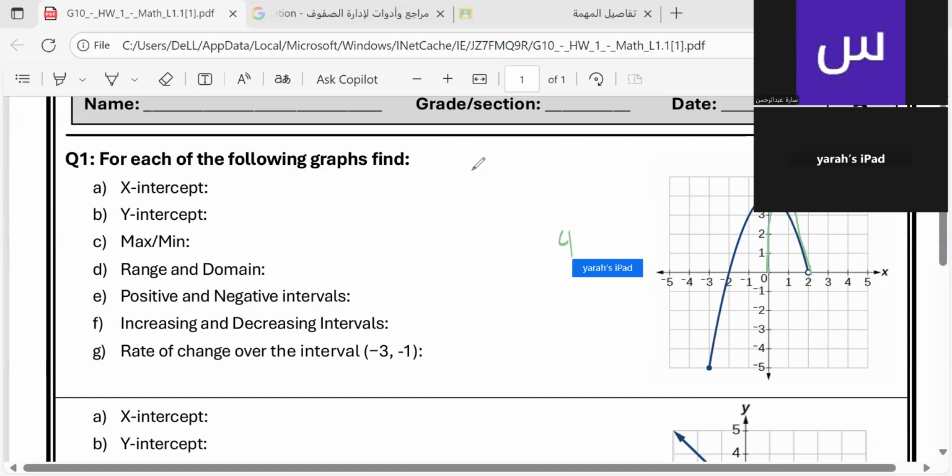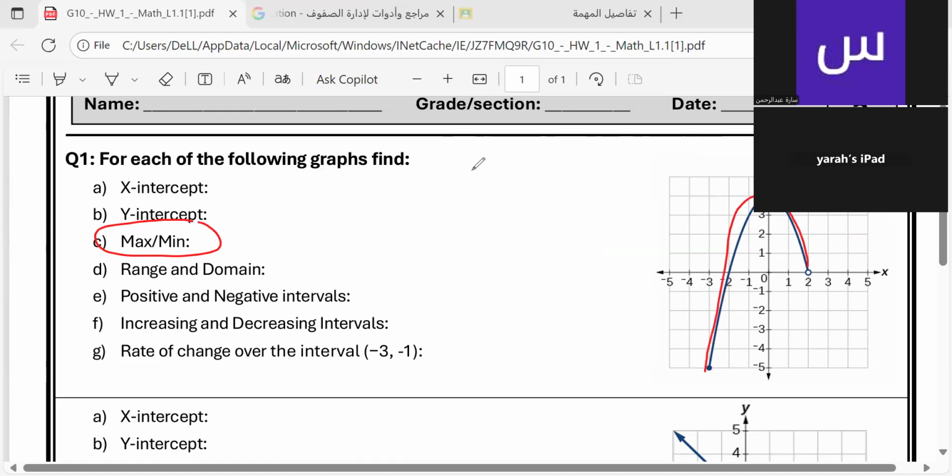Shouldn't it be 4 and then 0? No, but we studied about all of the curve, not about part of the curve. No, we studied the minimum or maximum about all of the curve.